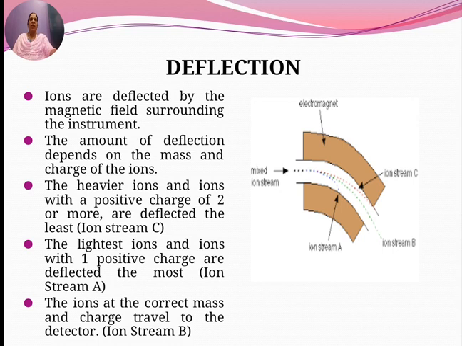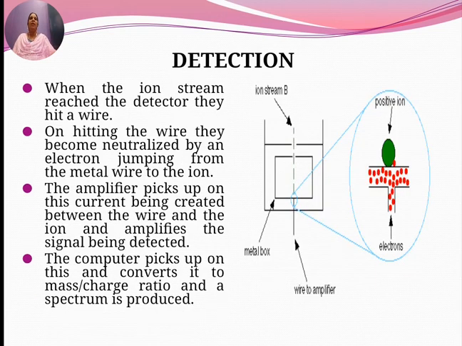An electromagnet is used, and when the ion stream passes through this electromagnet, based upon the charge to mass ratio, if the ions are heavier, they follow the path of ion stream C, and if they are lighter, they move towards ion stream A. And the ions with the correct mass and charge travel to the detector, that is ion stream B.